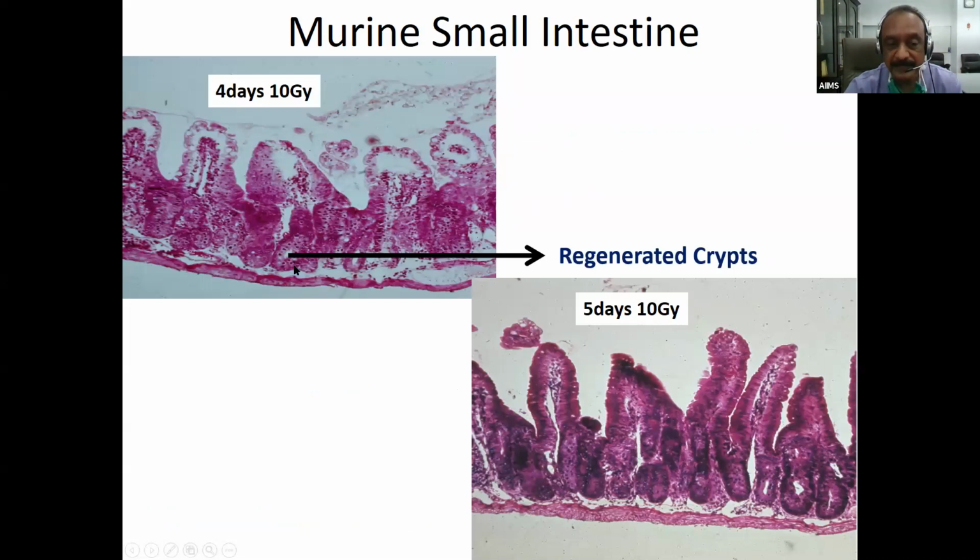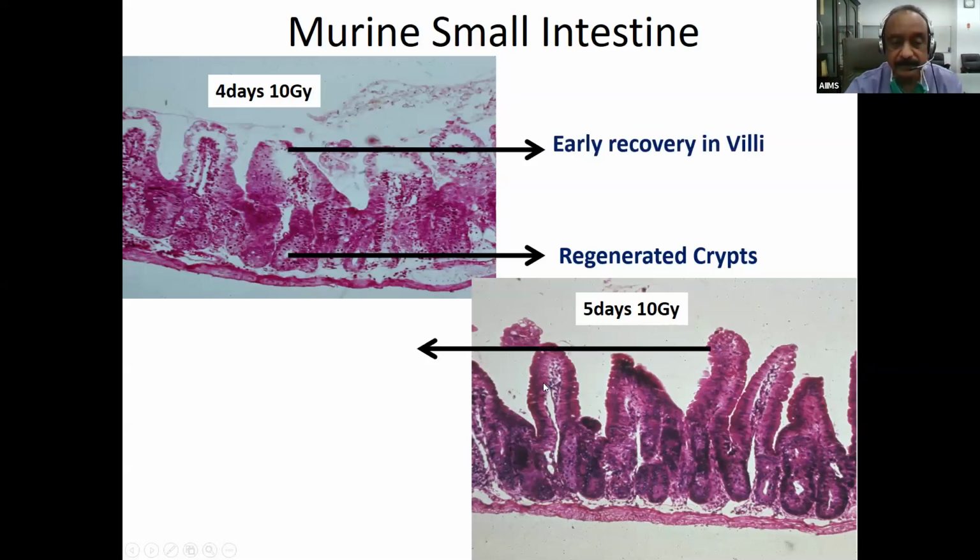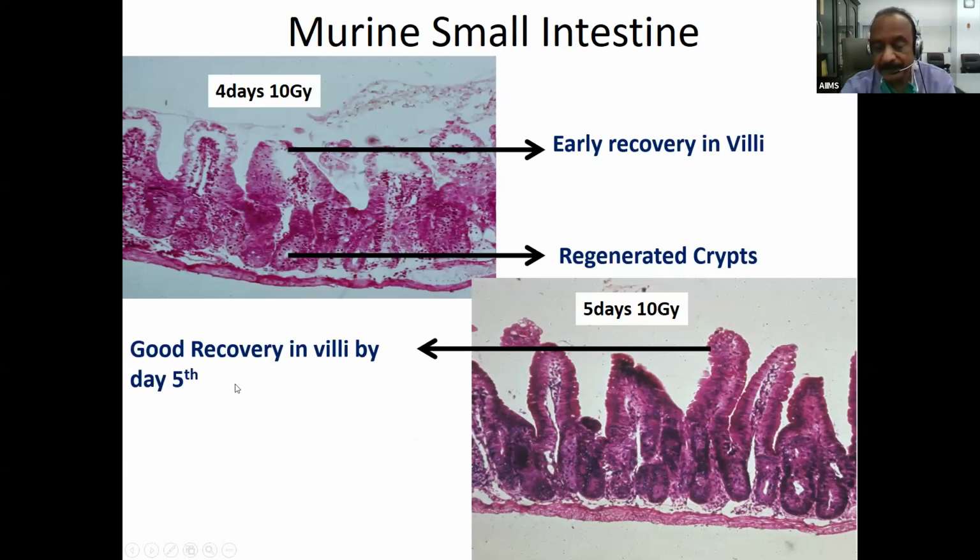They have again started producing progenitor cells, which again start producing functional cells for villi, and you can see that there is early recovery in villi. And after 5 days, you can see very good recovery in villi. So this is what happens in human beings also. This was the example in an animal, which finished in the fifth day, but usually in human beings, it takes 14 days or more than 14 days.